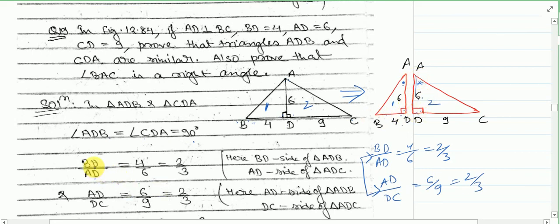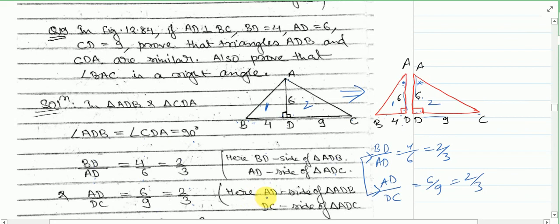So BD upon AD is equal to 4 by 6 equal to 2 by 3. So here I have written also BD is side of triangle first and AD is side of triangle second. Then AD upon DC. So now this AD upon DC, clear? 6 by 9, that is 2 by 3.